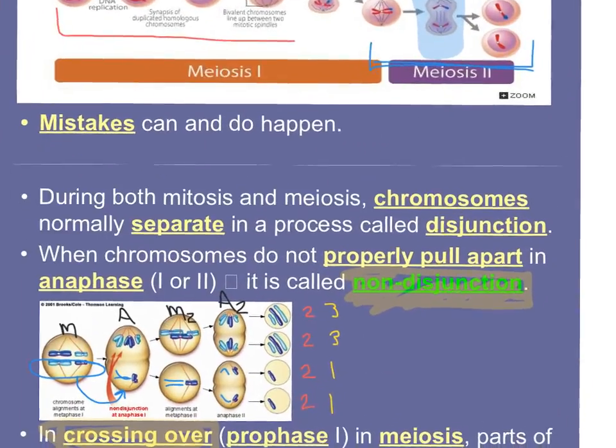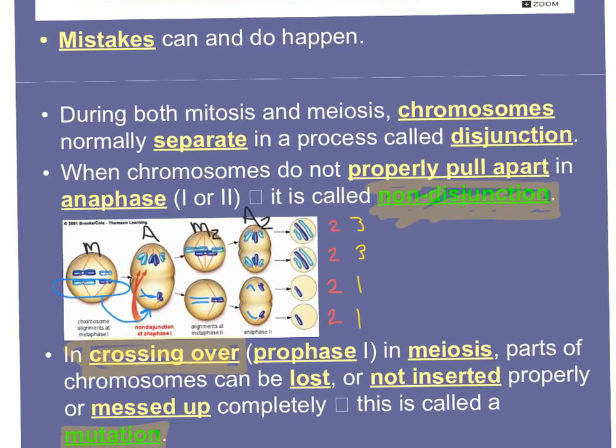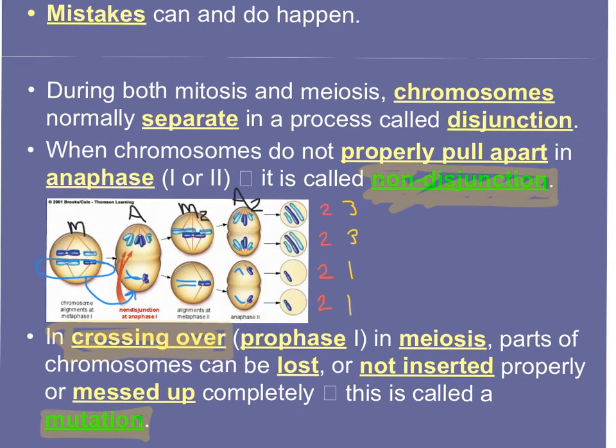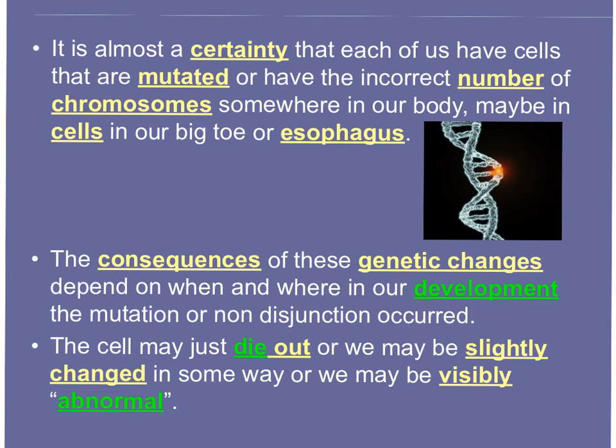Like I said, the body's good at making stuff happen, but sometimes mistakes will happen. And what can happen is parts of it won't cross over quite properly, and so you're missing part of the chromosome. Or maybe you have a little bit extra genetic information. So these mistakes, mutation and non-disjunction.